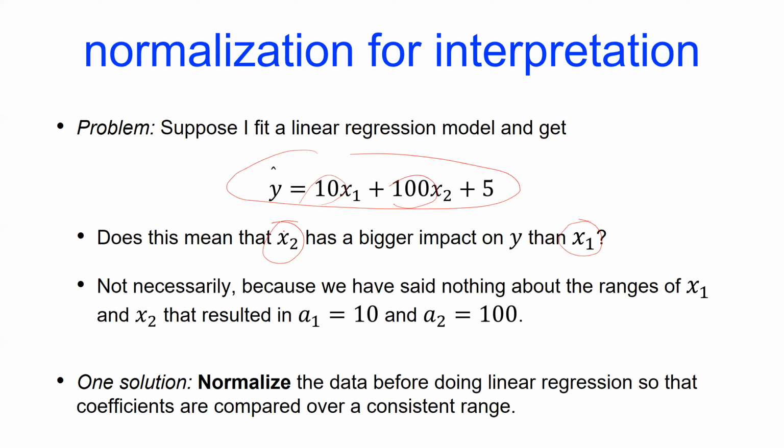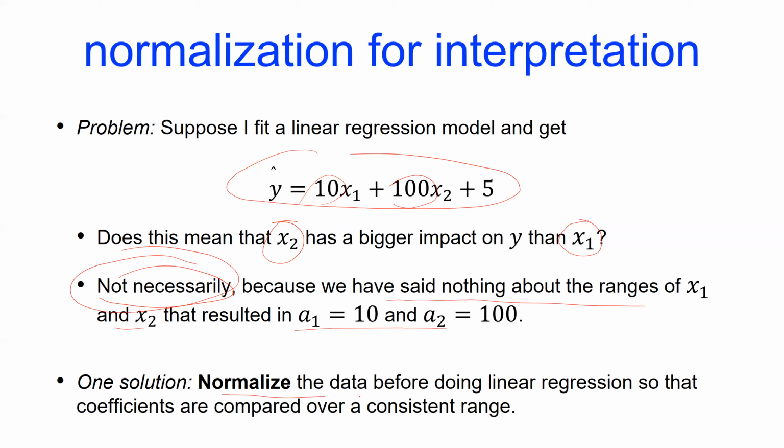We haven't said anything about the range of X1 and X2 that result in A1. So this is very tricky, pay attention. When you are asked whether those linear weights indicate the importance of different features, you need to first check: is there any condition saying they have been normalized? If not, then the answer is not necessarily. If indicated, of course, you can.